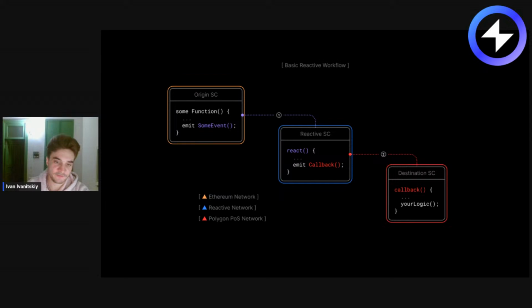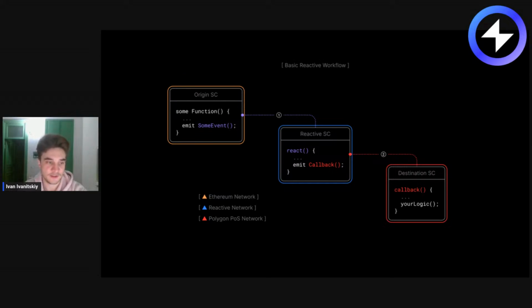What Reactive basically does: it's an EVM chain, it's Solidity smart contracts, and it's an on-chain if this, then that. Some action happens on-chain on one of the existing EVM chains, for instance, Ethereum or Polygon. The Reactive Smart Contract reacts to that, checks some conditions, and then runs the transaction on the destination chain, which might be the same or might be different.